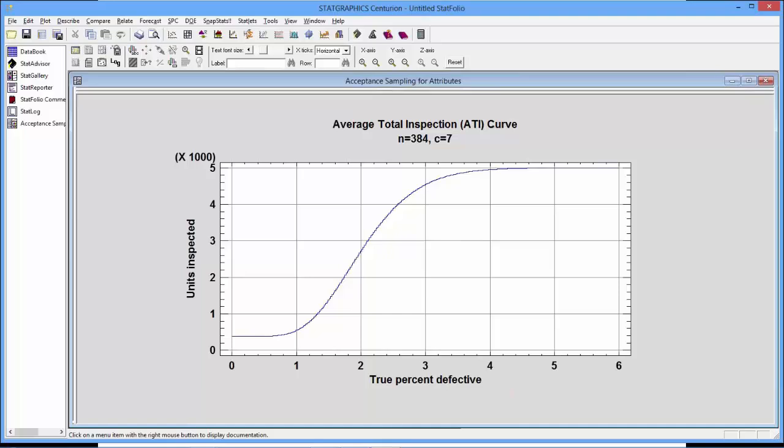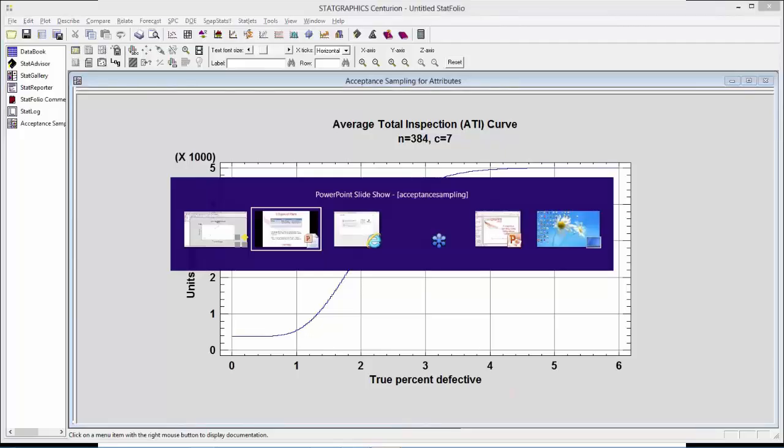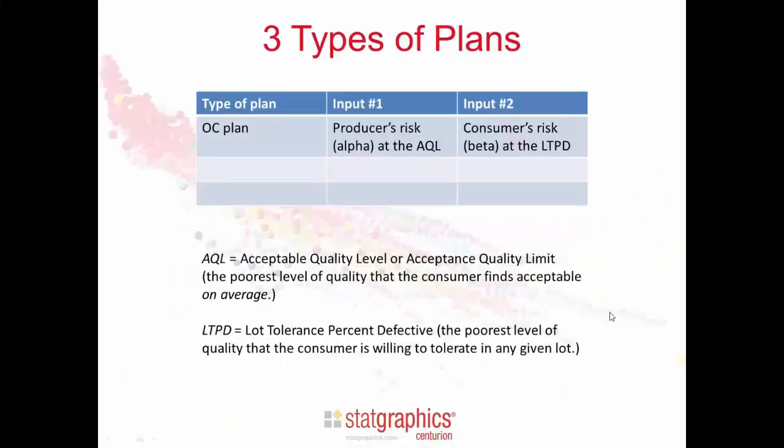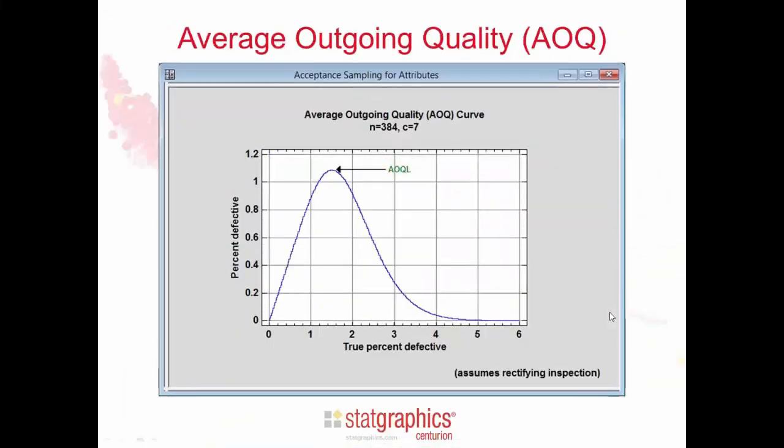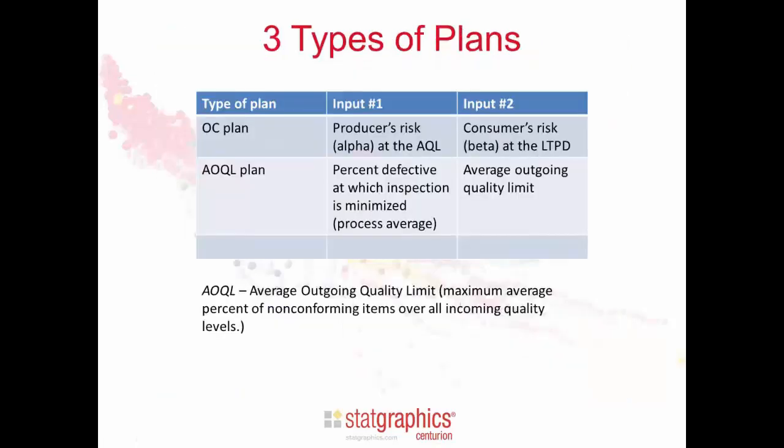Now, there are two other plans that Statgraphics will generate for you. Let me go back to my PowerPoint slides here and talk a little bit about a couple other plans. The second type of plan you can ask Statgraphics to generate is an AOQL plan.